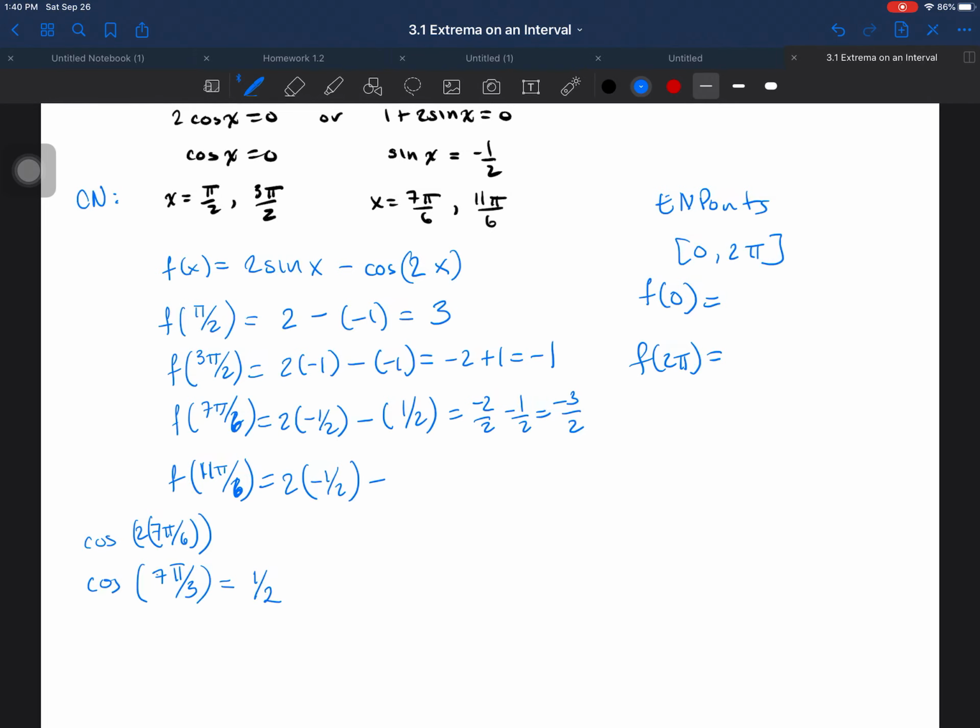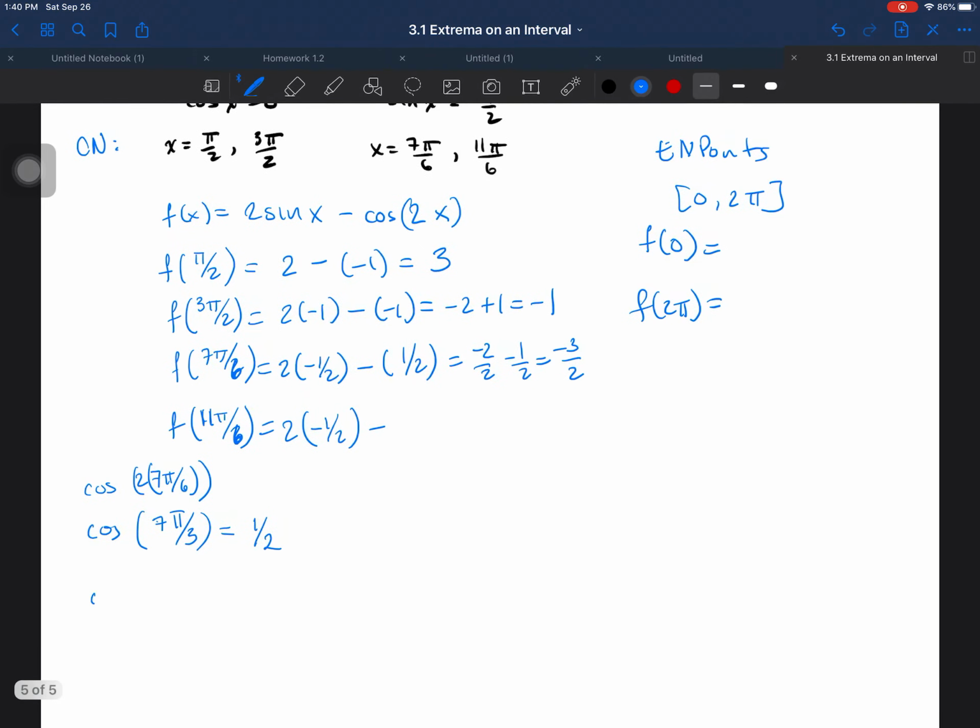And then this is going to be cosine of 11 pi over 3. So that means it's almost 12 pi over 3.